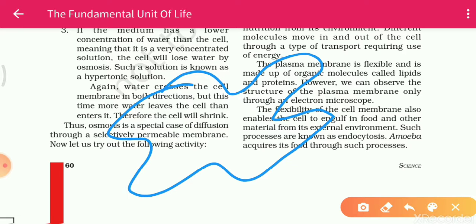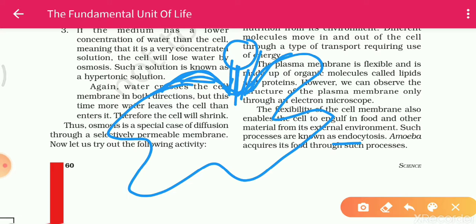When any food material comes inside the cell membrane of the amoeba, which is very flexible, that process is called endocytosis.